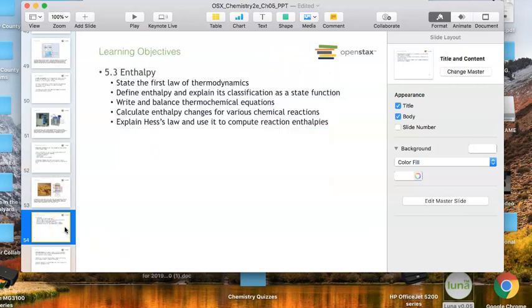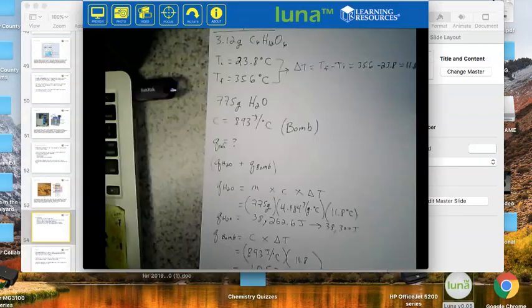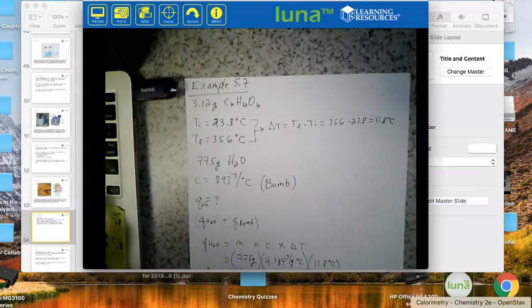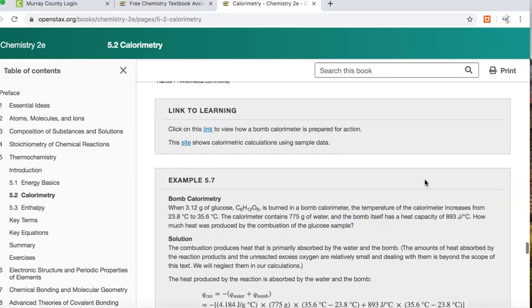All right, so before we talk about enthalpy, we have one more calculation involving bomb calorimetry. So example 5.7 in your textbook. Here we're starting out with 3.12 grams of glucose.